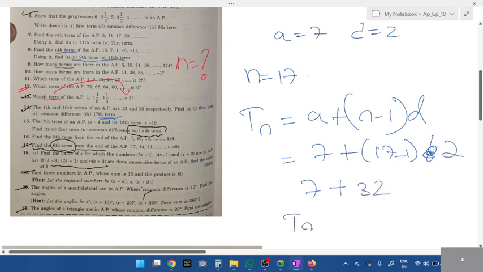What's the answer, students? 39. Okay, the third point is we need to find the 17th term. So take n is equal to 17, and the value of the 17th term is 39.